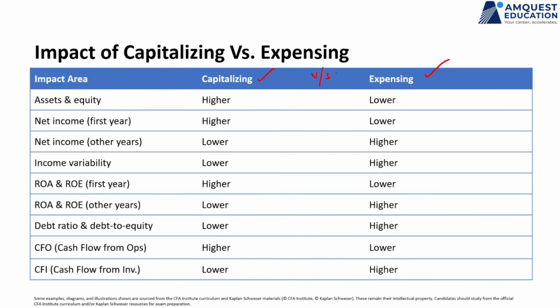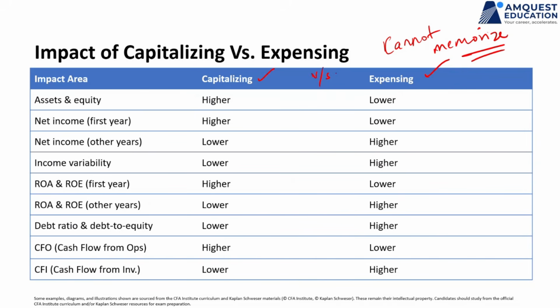You cannot memorize these tables. Let's be honest about it, because these tables will have higher, lower, lower, higher written. So there is no way to memorize. You cannot memorize these tables, right? And this is not the only table. There are, I think, easily 10, 20 such tables in the CFA level one book.